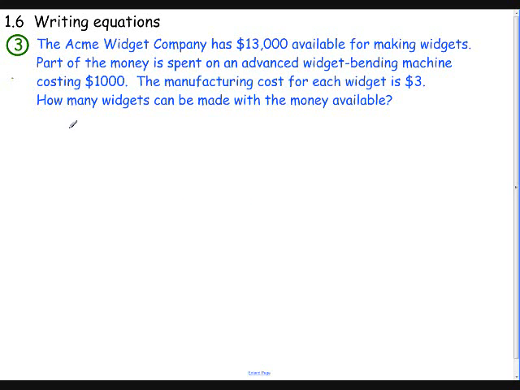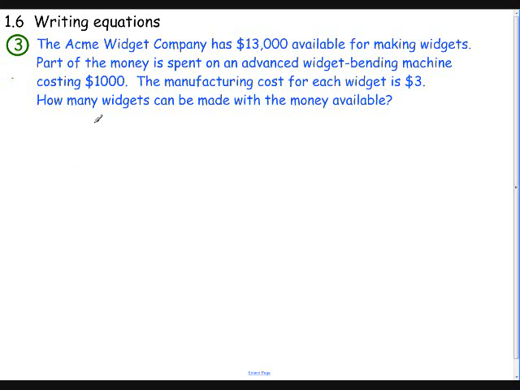The manufacturing cost for each widget is $3. How many widgets can be made with the money that I have? So I want to make up some inventory and then we'll go and sell them. But I'm restricted to this.